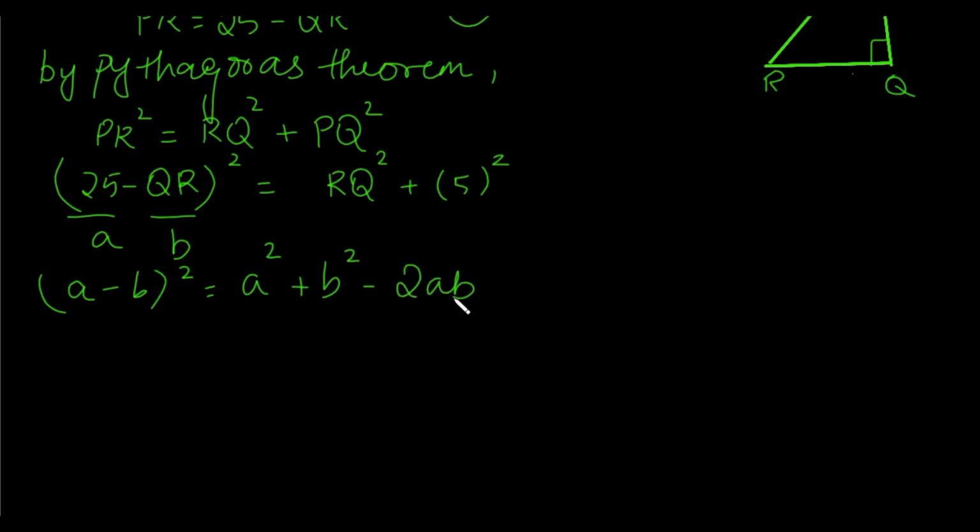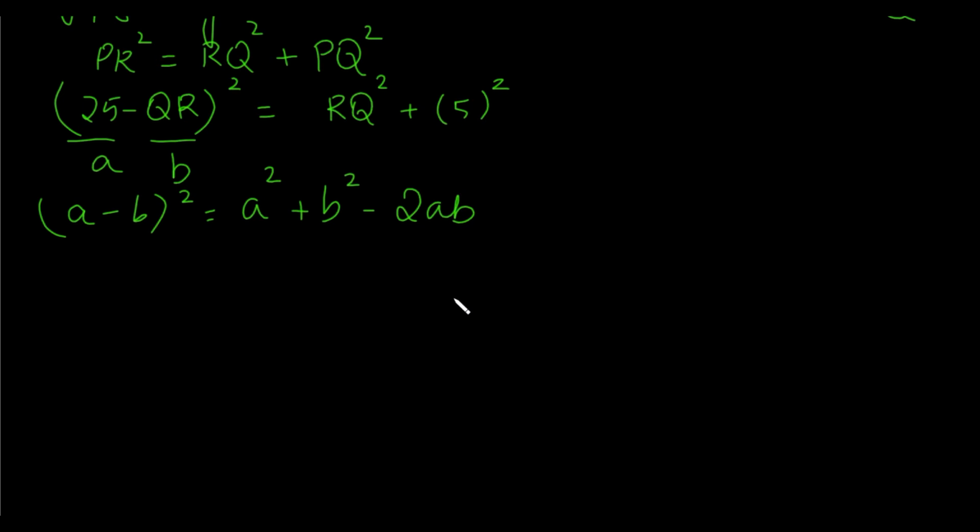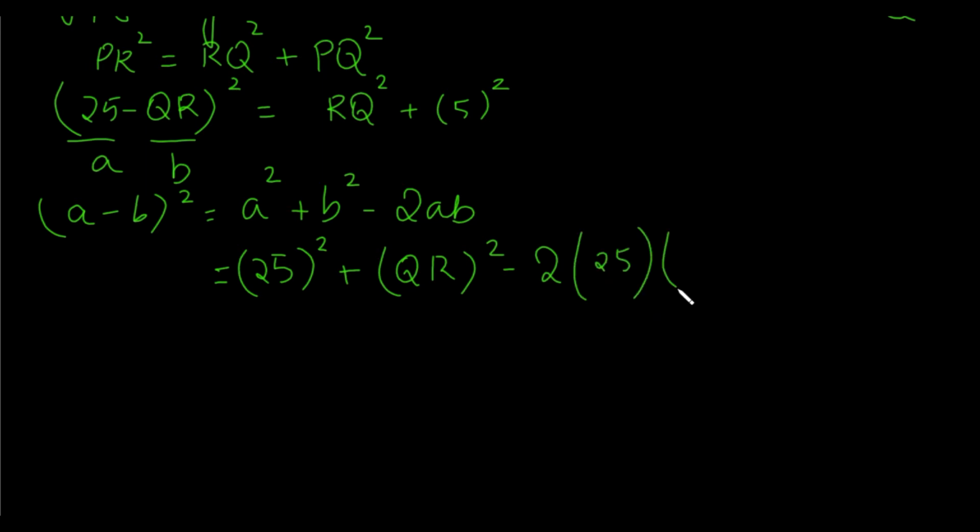So now let's substitute. So a square, as we know, that is 25 whole square plus b square, that is QR square, minus 2 into 25 into QR.